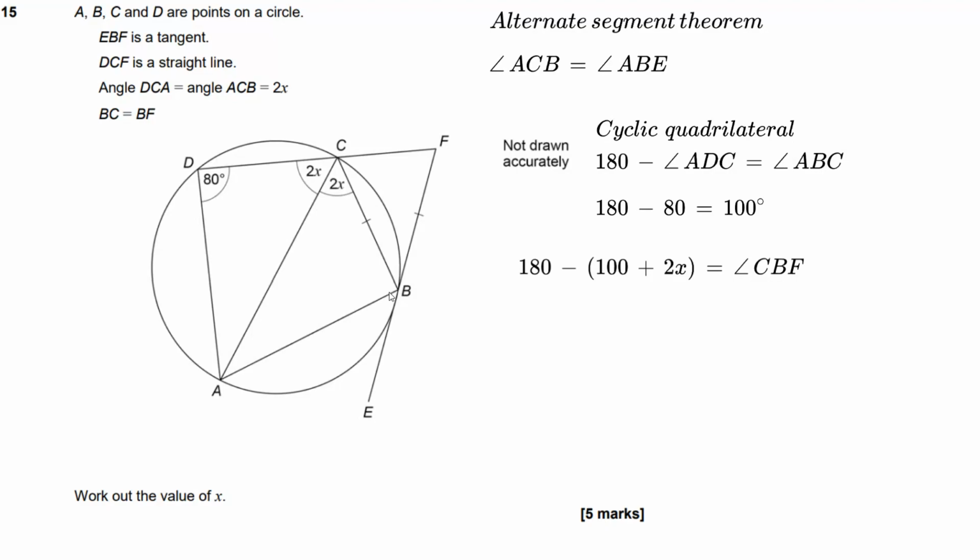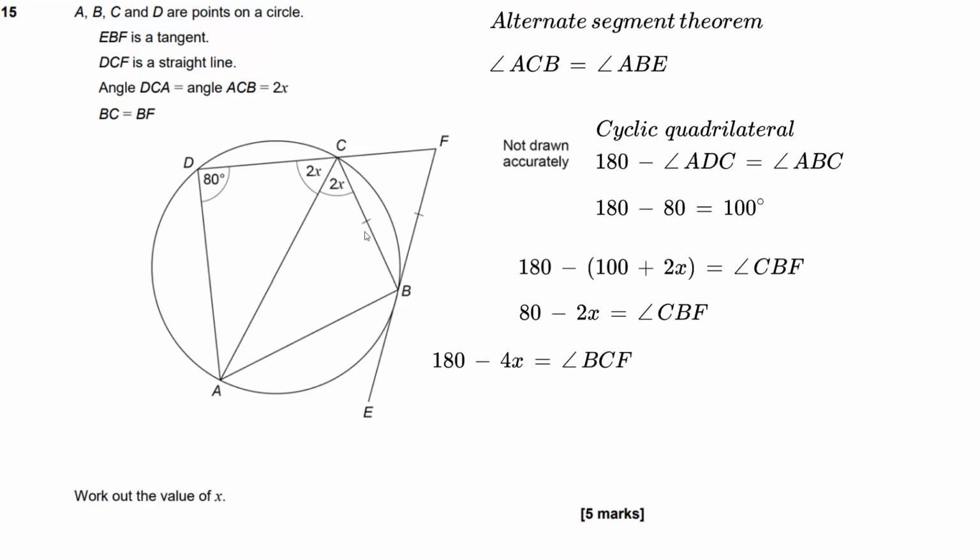That's just me showing that equals 100 degrees. Simplify that, so 80 minus 2x, the negative distributes, and that equals angle CBF. Angles on a straight line here, you just want to work out this now. So 2x plus 2x is 4x. 180 minus 4x is just that.